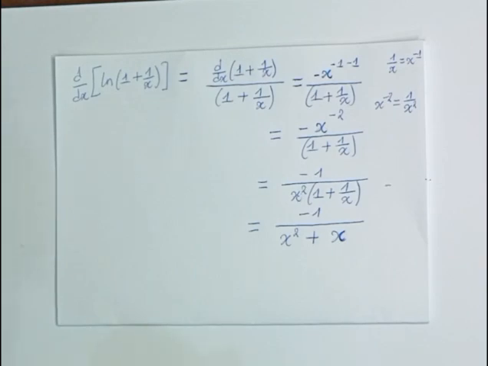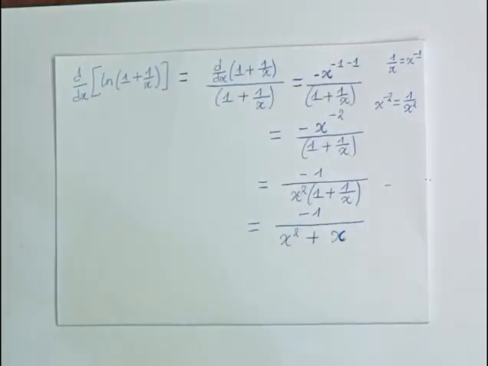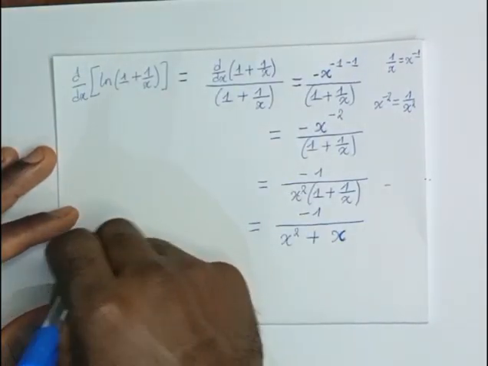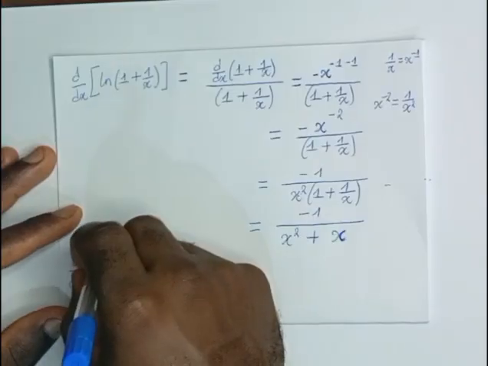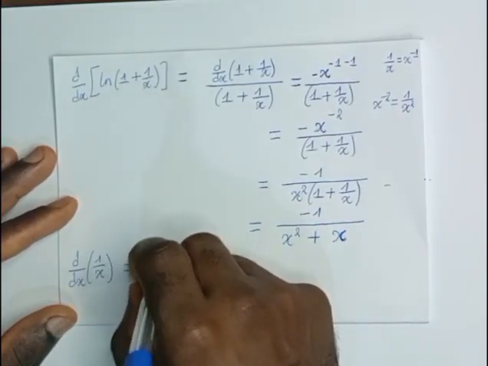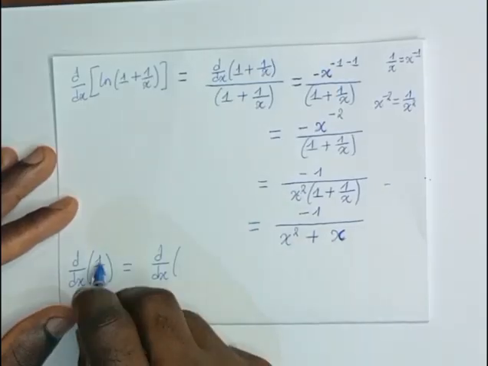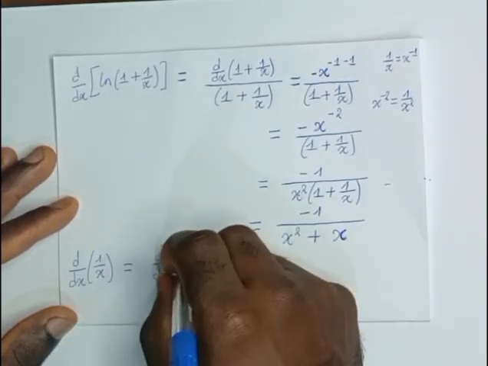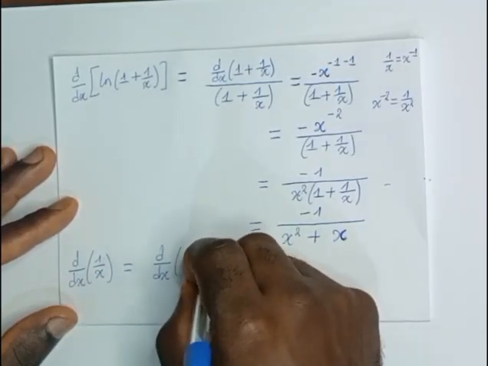Next, we have to differentiate the function we have at the denominator, that is the derivative of 1 over x. d over dx of 1 over x, where 1 over x can be expressed as x raised to the power negative 1.